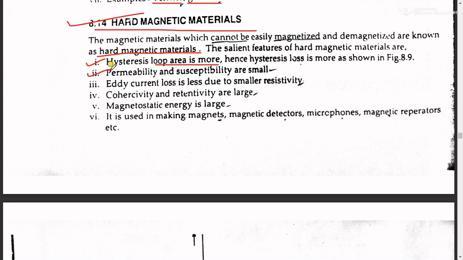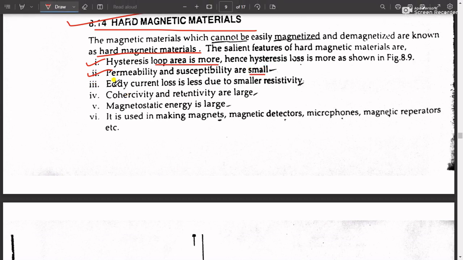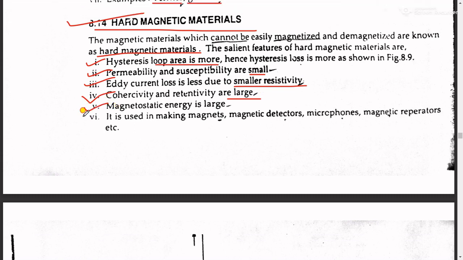Permeability and susceptibility are small. Eddy current loss is less due to smaller resistivity. Coercivity and retentivity are large. Magnetostatic energy is large, and they are used in making magnets, magnetic detectors, microphones, magnetic repeaters, etc.